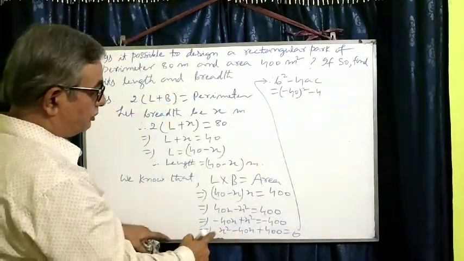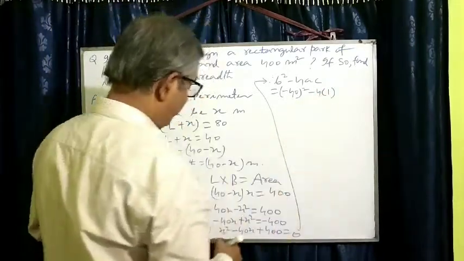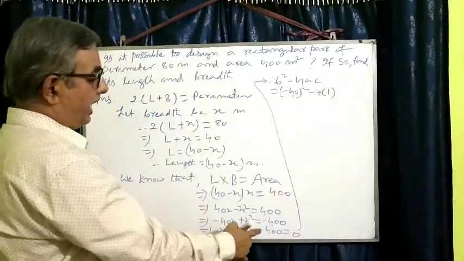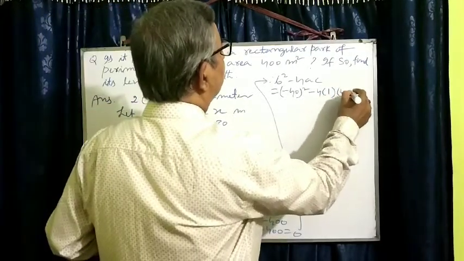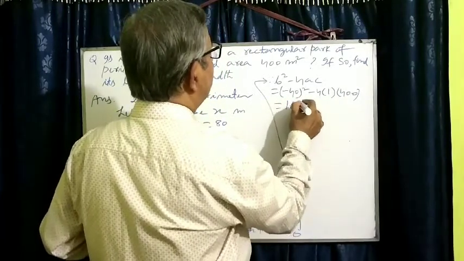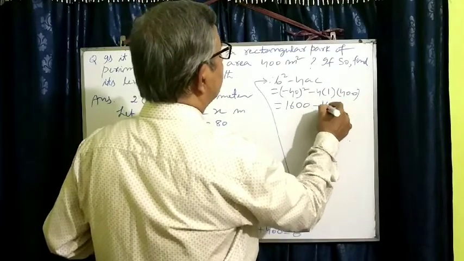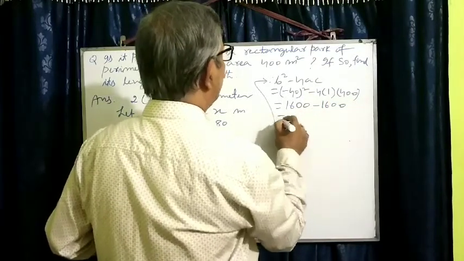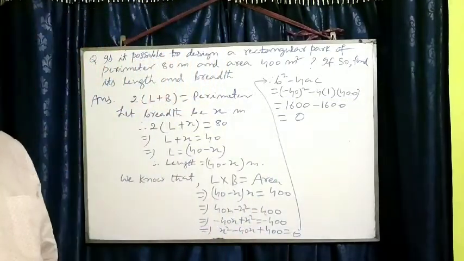Coefficient of x square is called a. So you can write 1. And constant term is what? 400. Now 4 into 400 is 1600, and 40 square is 1600. So you are getting 0.